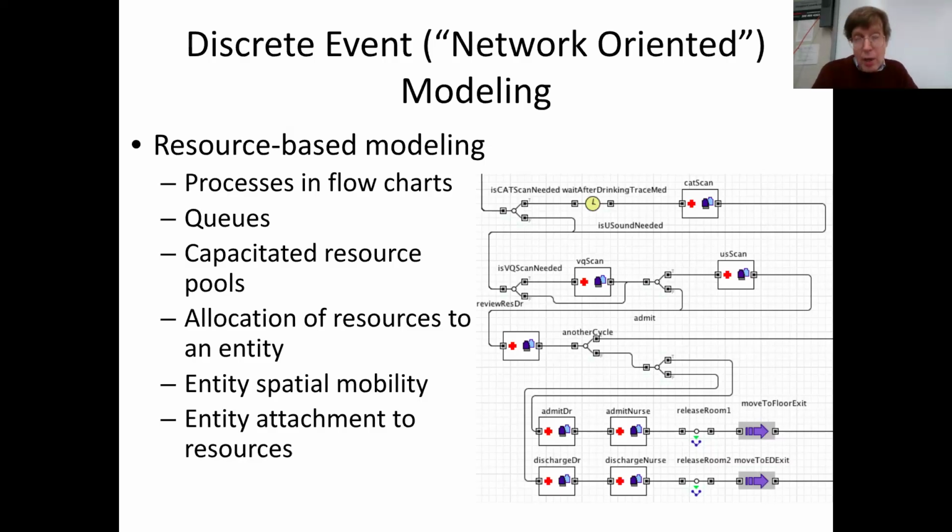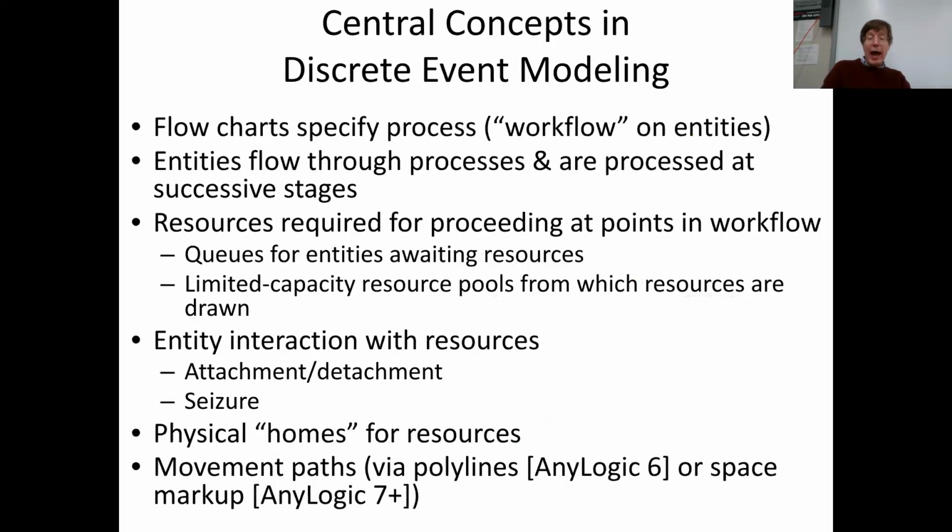In other cases, the resource may be mobile, may not be attached to the entity, but may instead go fetching things for that entity, fetching an ultrasound machine or an ECG to be able to test the patient's heart.